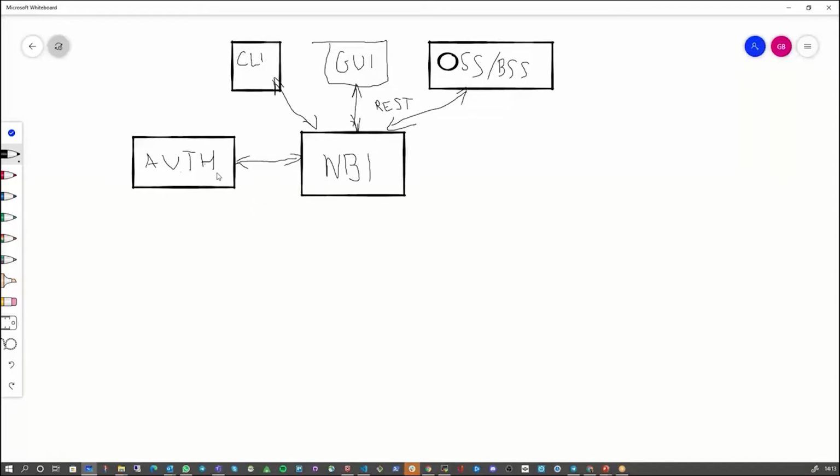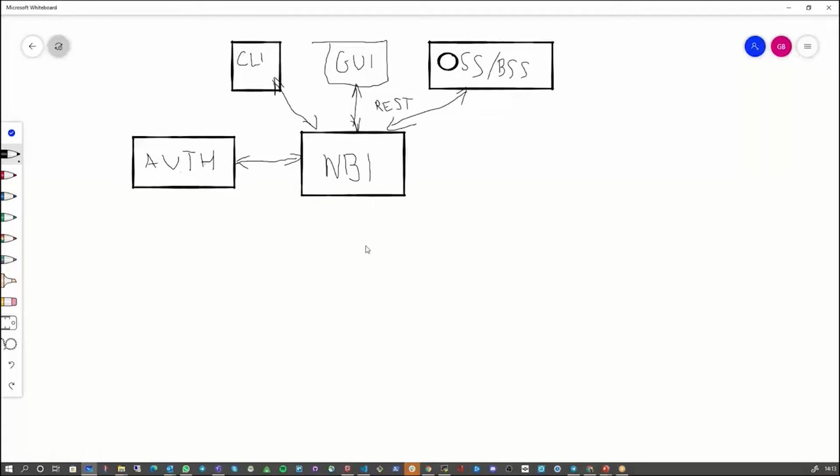But typically for production, you will use Keystone, okay? So that's mainly about operations arriving to the system and permissions to do things.